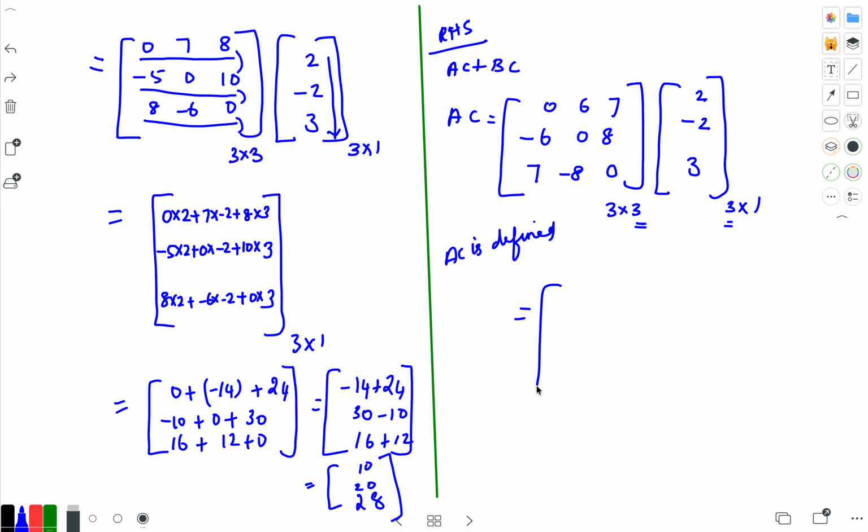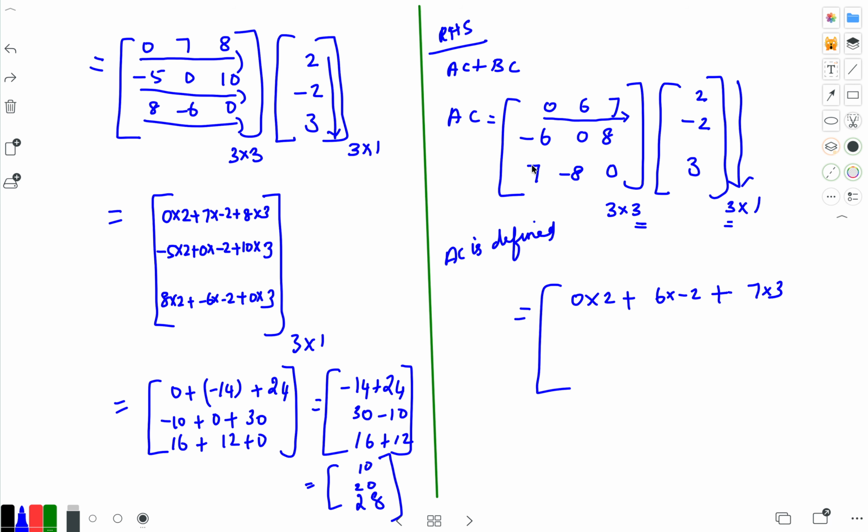That is, to multiply two matrices, sum of the product of first row with the first column: 0 into 2 plus 6 into minus 2 plus 7 into 3.